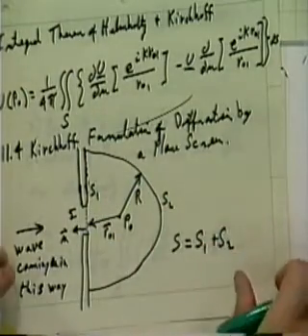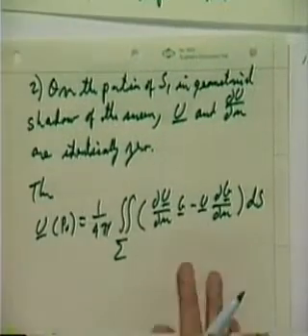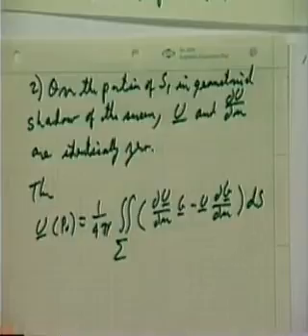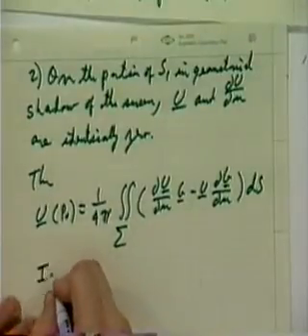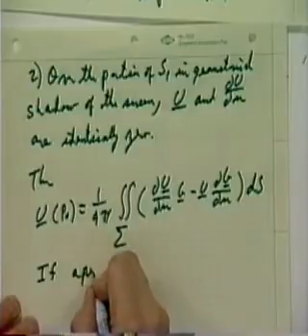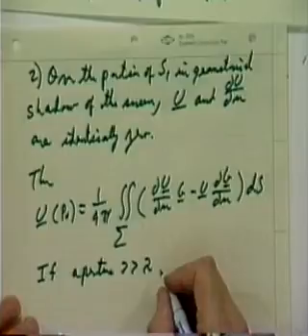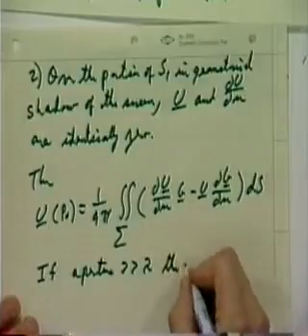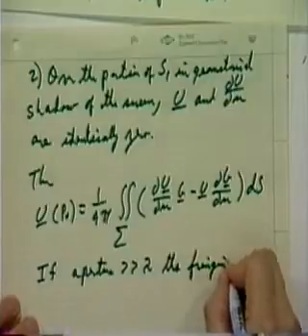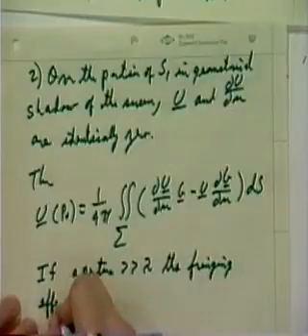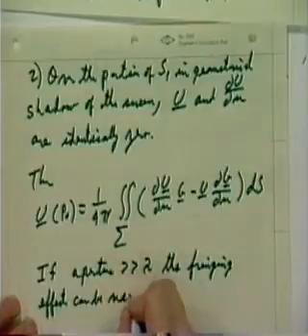So these assumptions probably are not completely true. But it turns out that if the aperture is much greater than the wavelength, these, so-called fringing effects, can be neglected.